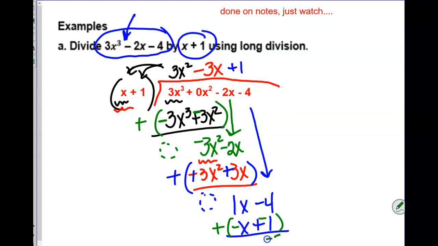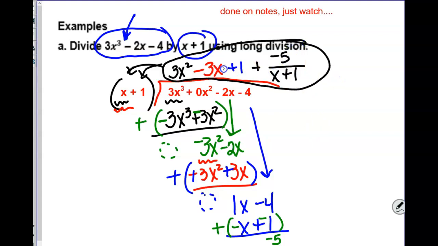And you get back here a negative 5. And how do I write that? Plus the negative 5 goes over this divisor here of x plus 1. So this is the polynomial written with a remainder as a fraction.